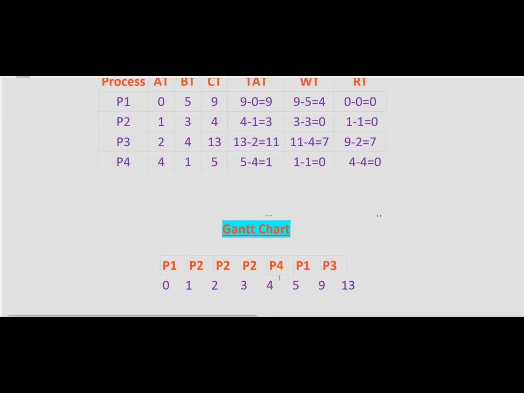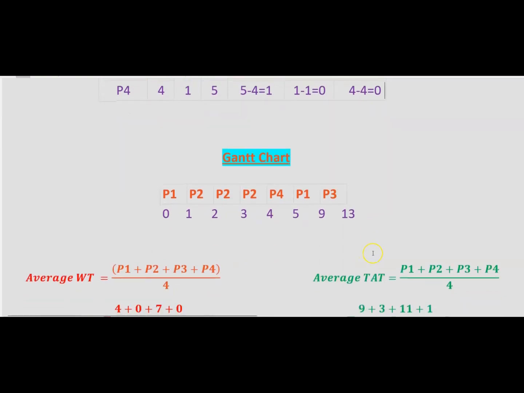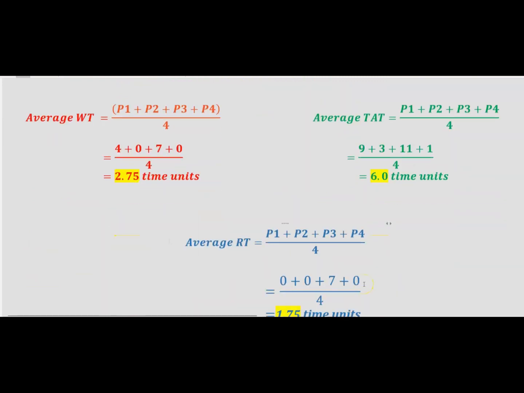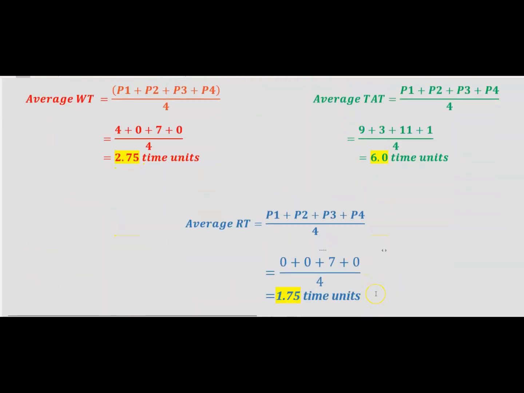Okay, so I hope all the values are very much clear to you. Now we can calculate the average waiting time, average turnaround time, as well as average response time. The formula is the same for all the parameters, that is adding all the process values divided by the number of processes.